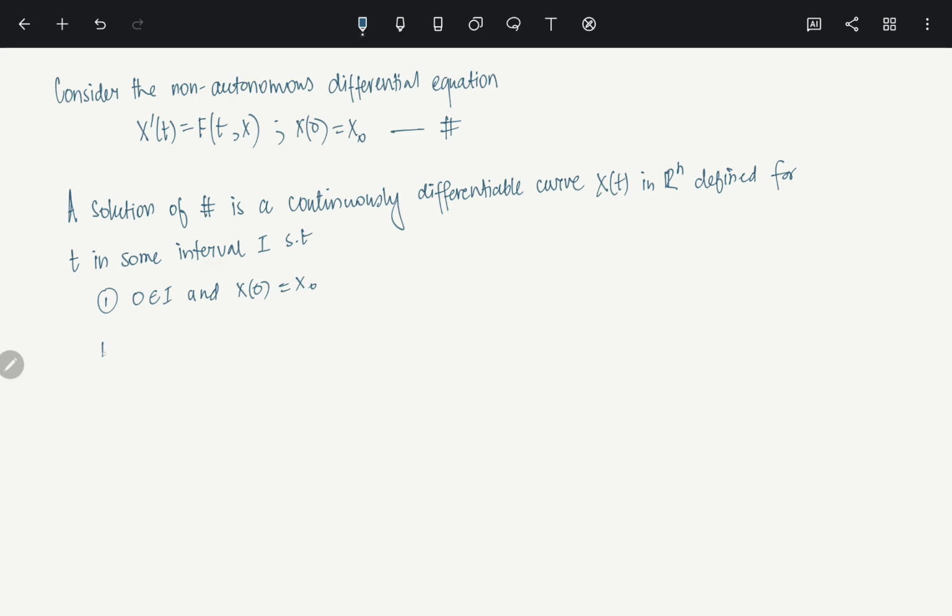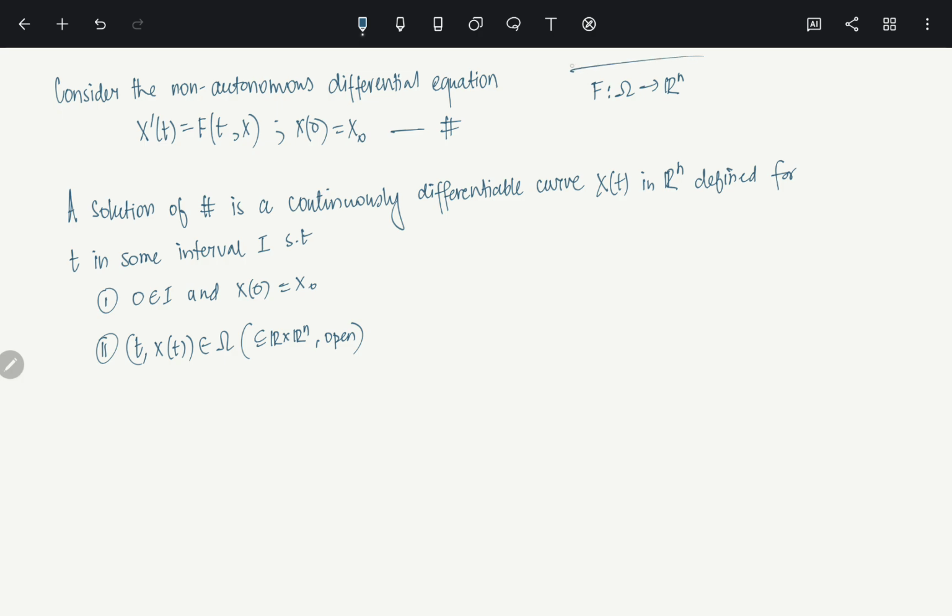Clear? And number 2, for all t, (t, x(t)) must be in some omega. What is omega? I will define omega. So omega is a subset of R cross R^n, an open subset of R cross R^n, and we are going to define f from omega to R^n.